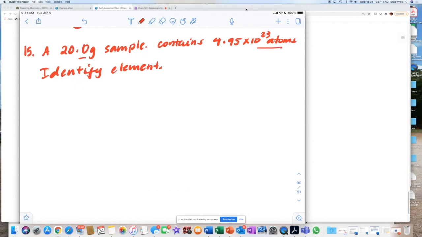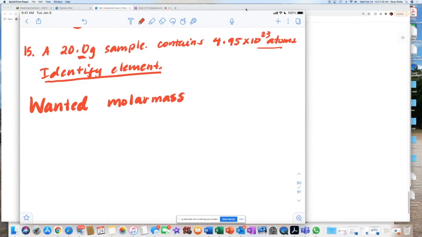So if protons is not the first thing I'm looking for based on the numbers given, the next best thing is molar mass, right? When we identify an element, most of the time it's through protons if they give you the atomic symbol. But since you have mass and atoms, what is wanted here is molar mass.